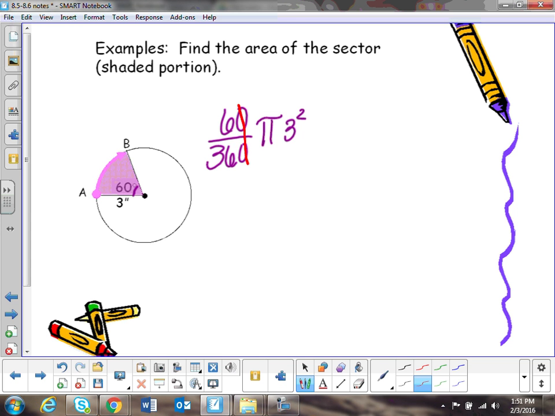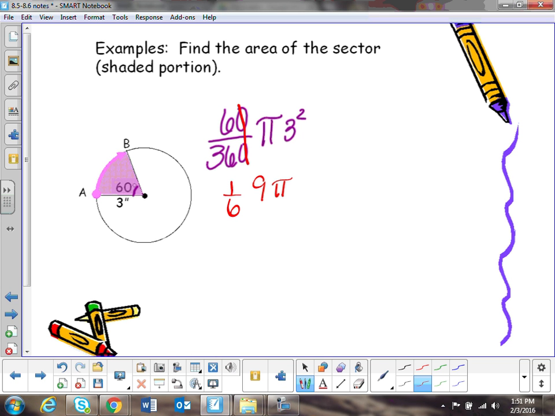And then, what's that? Well, let's think about the fraction. And then that's 9, and then pi. So really, what fraction do you have? What's the fraction that you want?